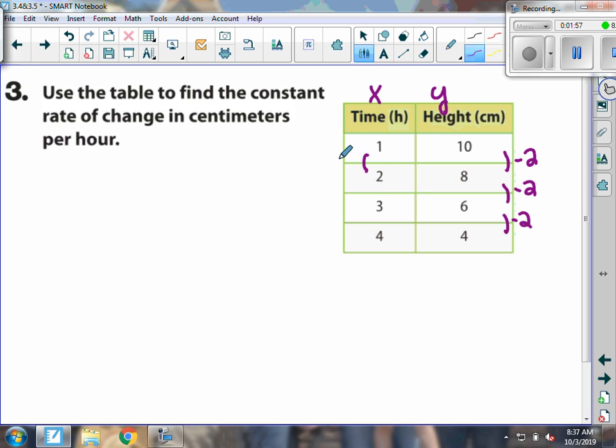And this is going up 1. So my change in centimeters, negative 2, over my change in time, 1. Negative 2 divided by 1 is negative 2 centimeters per hour. There's my constant rate of change.